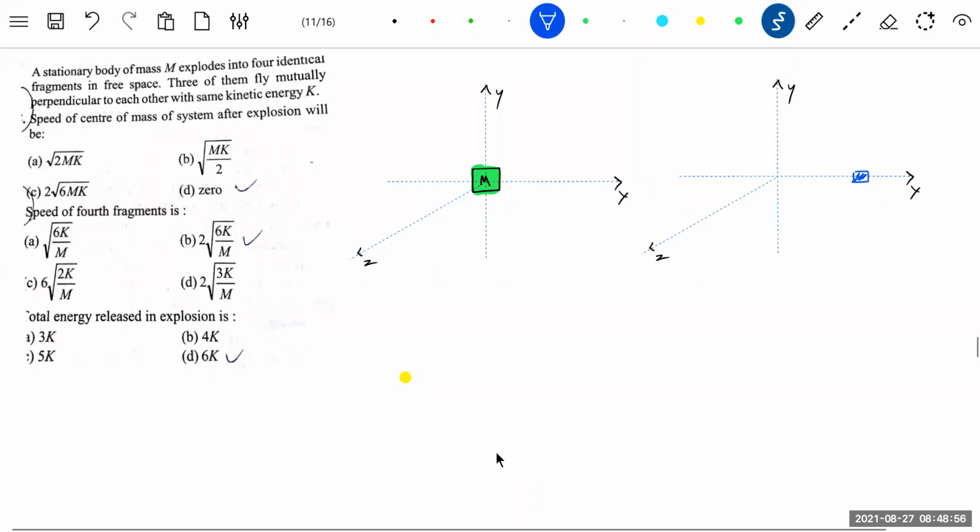One fragment will move like this. One fragment will move like this. It will explode equally into equal fragments, the question itself is telling.